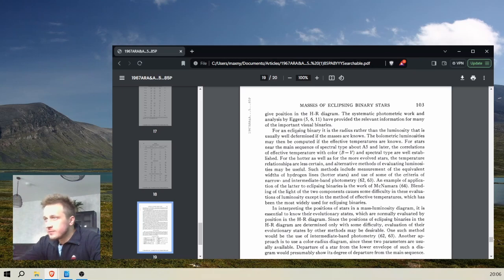So what is he saying here? So we know the radius rather than the luminosity, or rather it's the radius that is usually well determined if the masses are known. Okay, that's interesting. The bolometric luminosities, and I don't know what the difference between luminosity and bolometric luminosity is, may then be computed if the effective temperatures are known.